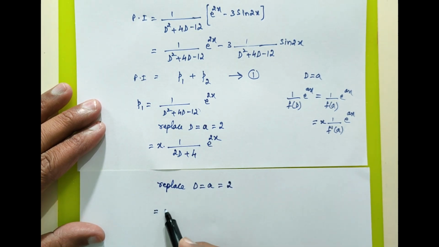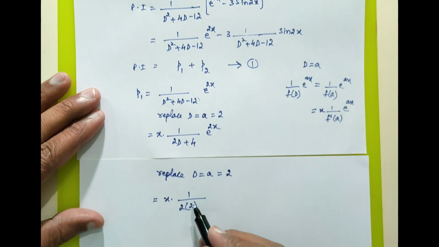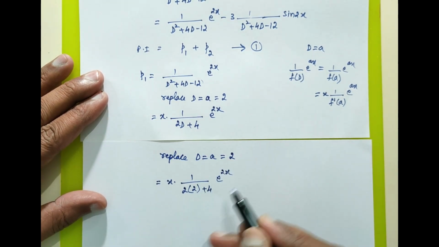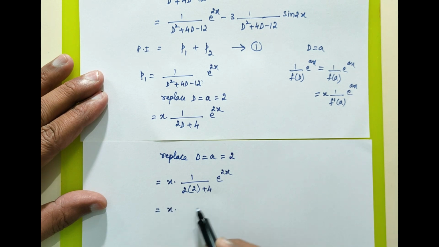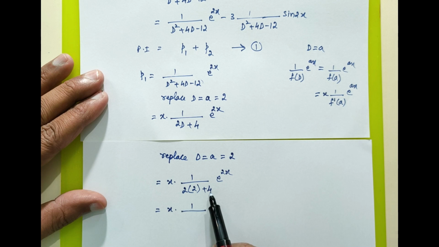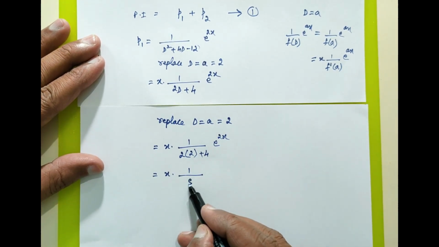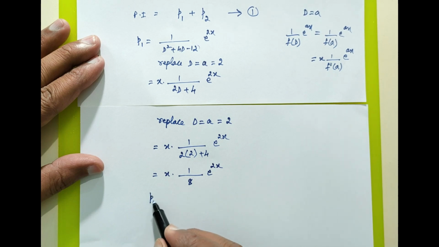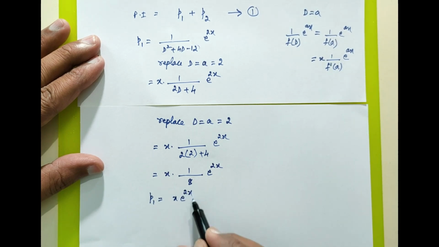So this equals x into 1 by (2 times 2 + 4) e^(2x). 2 times 2 is 4, and 4 plus 4 becomes 8, into e^(2x). So I've got the first value: the value of P1 will be x e^(2x) divided by 8.